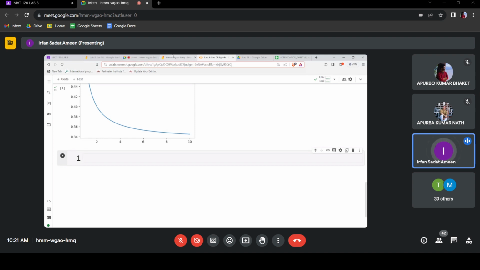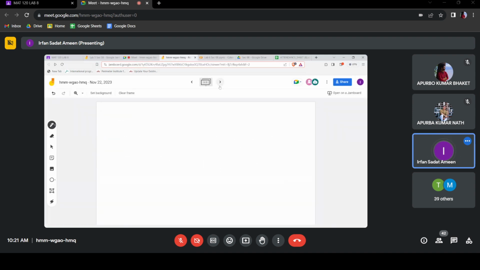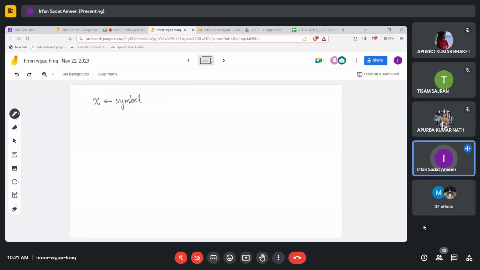When we write x, x is a symbol. A symbol means this cannot do any particular operations. A symbol cannot be added to another symbol, though a string can be added to a string, but these two symbols cannot be added unless you assign values to the symbol. For that, you use lambdify or subs, to substitute the symbol with a number, and then you can add or subtract or do whatever.